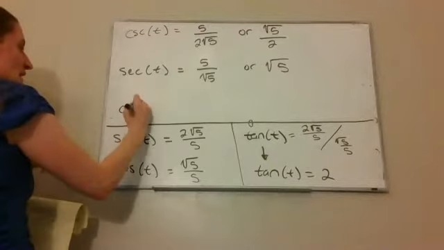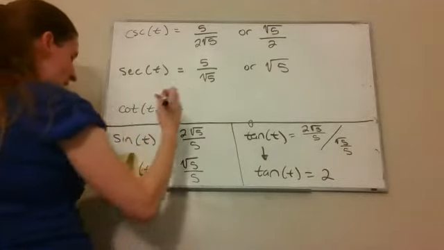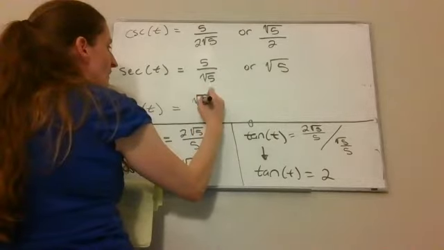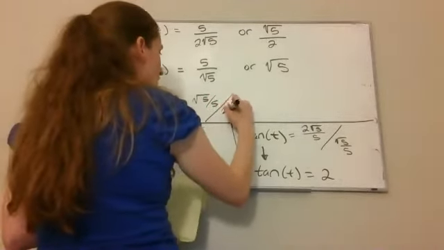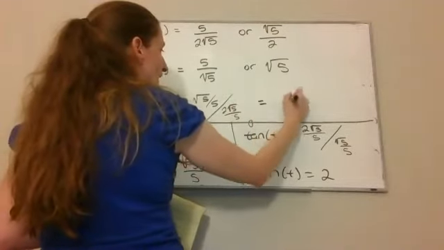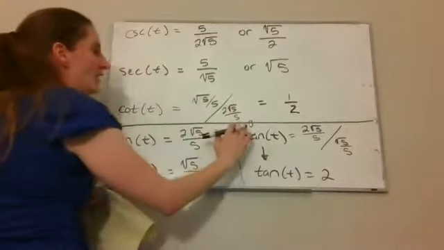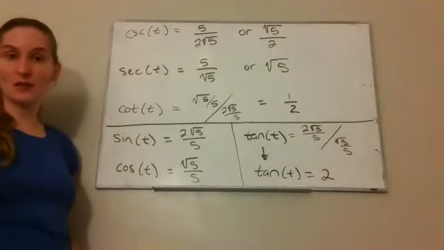And then my cotangent is going to be x over y. So that gets me square root of 5 over 5 over 2 square root 5 over 5. And that simplifies to 1/2. And now I have all 6 trig functions using my definitions from the unit circle.